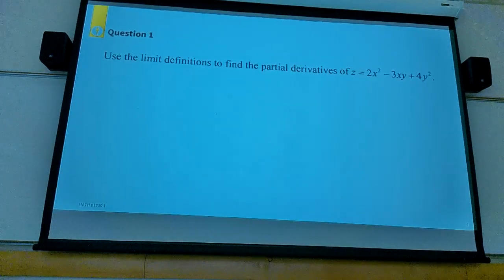So for this first problem, we're going to use the limit definitions to find the partials. And then we'll see if we can use some shortcuts.